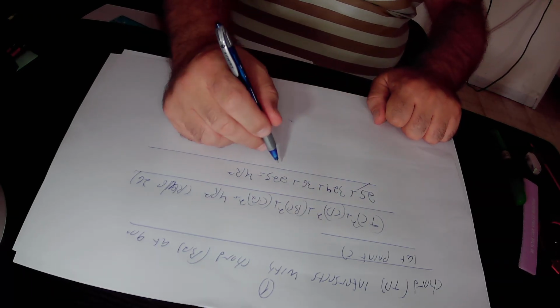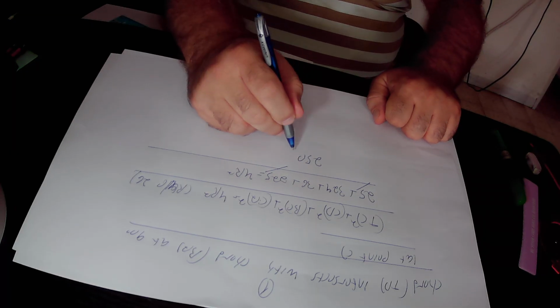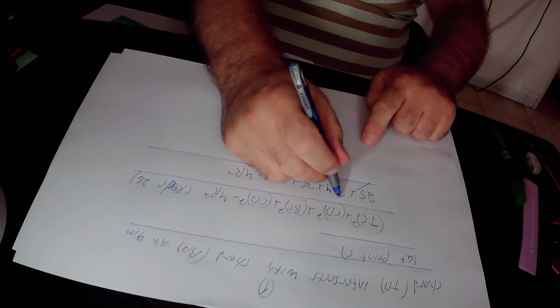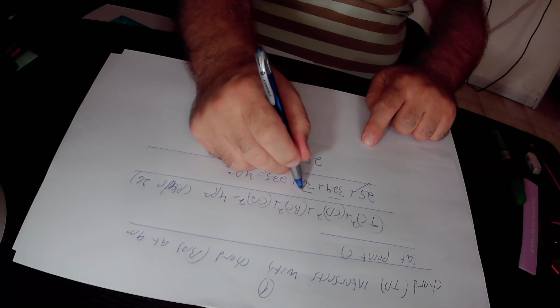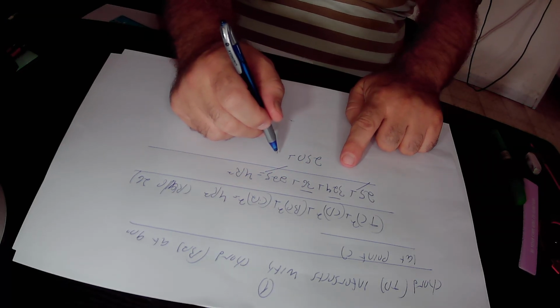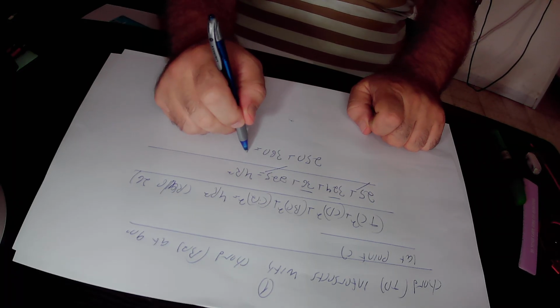25 plus 225 is 250, plus 324 plus 36 equals 360, equals 4r squared.